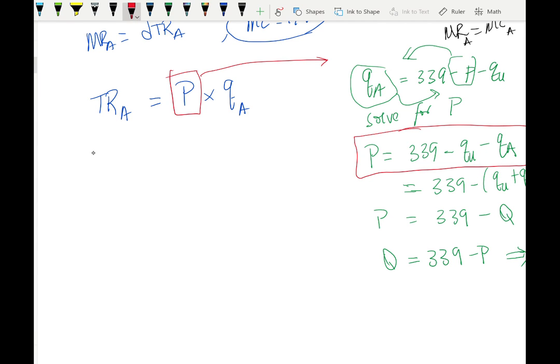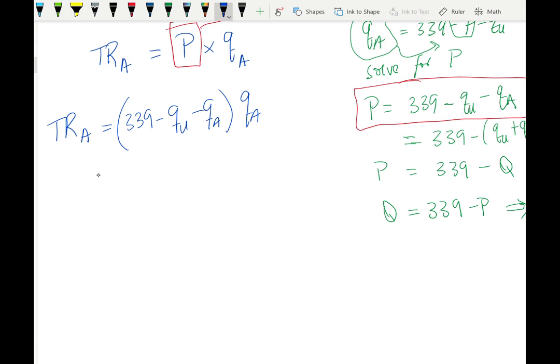So we have that our total revenue for A is equal to 339 minus QU minus QA, times QA. Okay, we can remove the parentheses and multiply through.